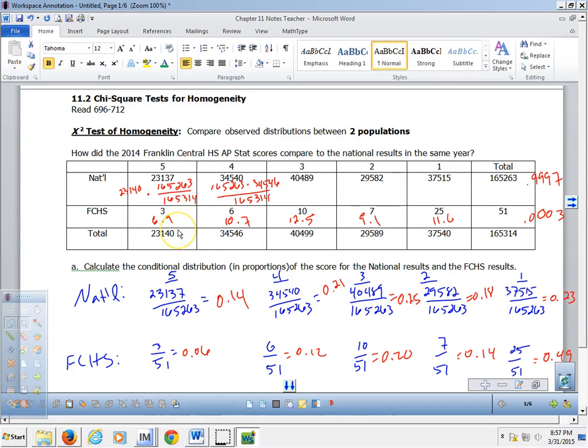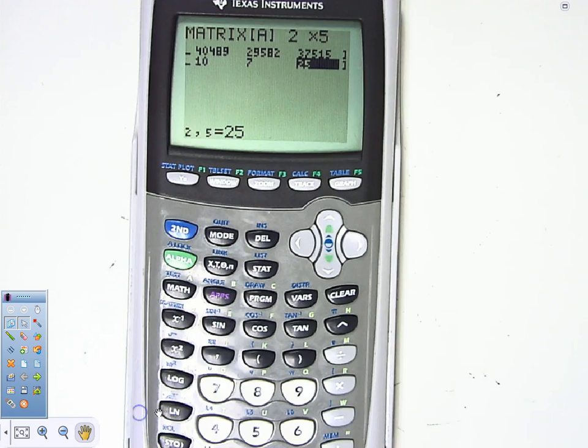Then we have the rest of our rows: 3, 6, 10, 7, and lastly 25. Your calculator should now look something like this.